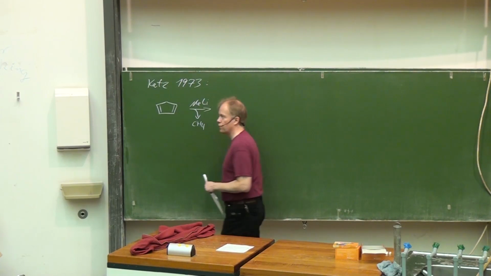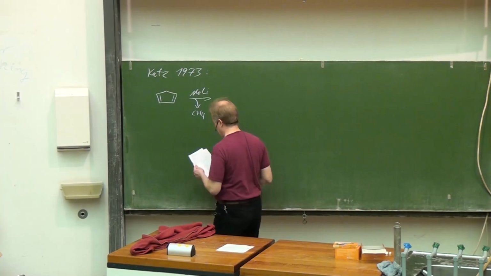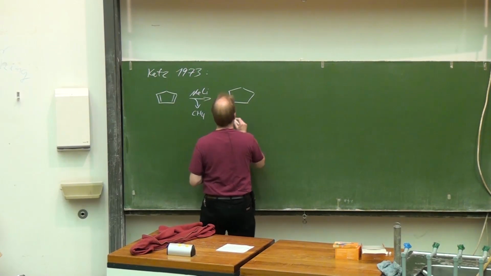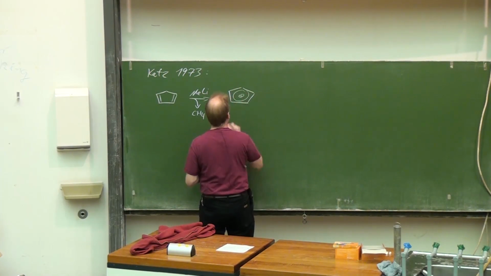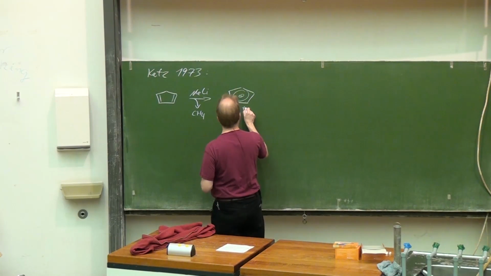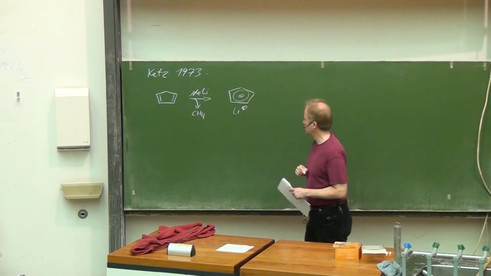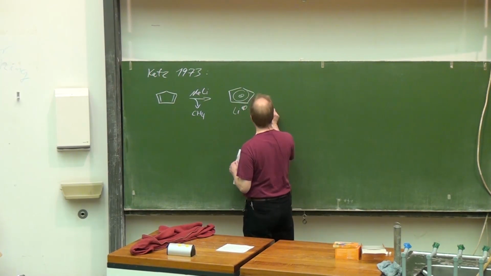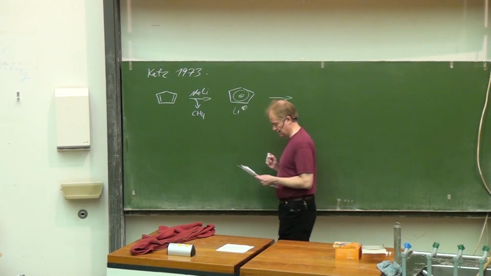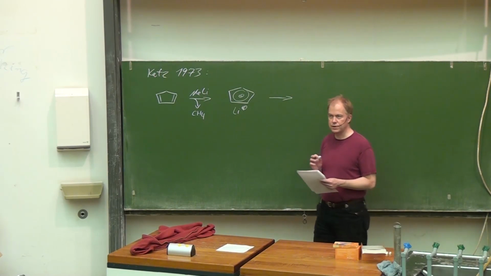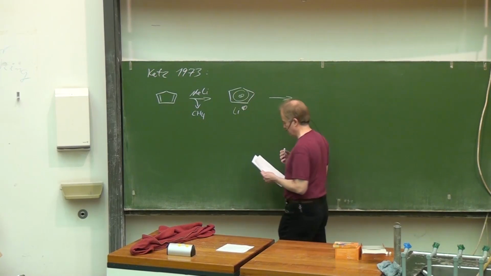Methane will be formed, and of course the aromatic cyclopentadienyl anion with the lithium counter cation. Then dichloromethane is slowly added in, dry dichloromethane, of course.